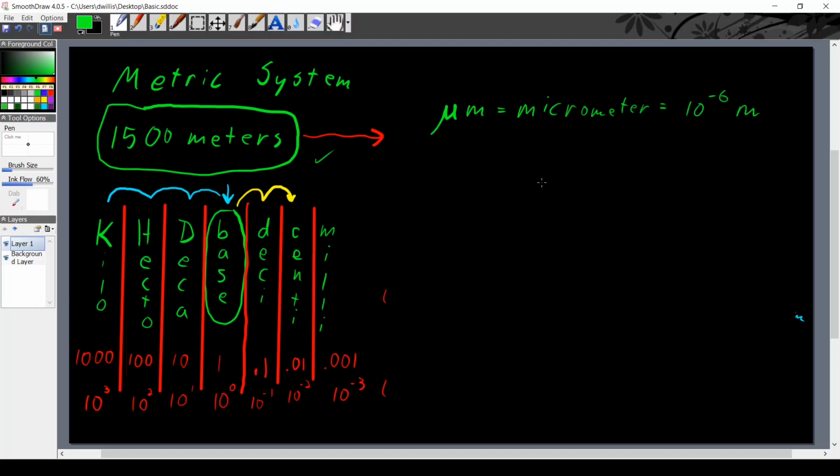Okay, and then there are some other prefixes and suffixes that you may run into, such as if you want to go to larger ones, we have mega, which is actually then 10 to the positive 6th, or giga, which is where the term gigahertz and gigabytes comes from, which is 10 to the 9th, and of course tera, which is 10 to the 12th.